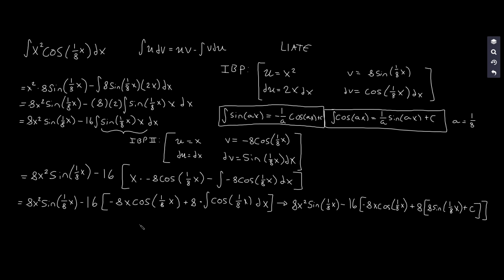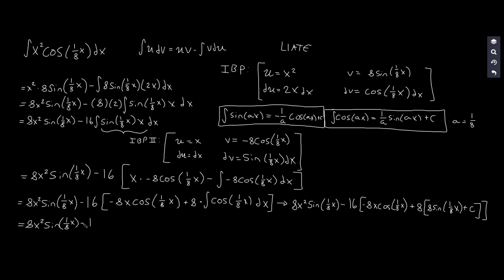Now guys, we're going to distribute. Let me really focus in on this. 8 times x squared times sine of 1 over 8 times x minus, well, negative 16 times negative 8. That's positive 128, right?